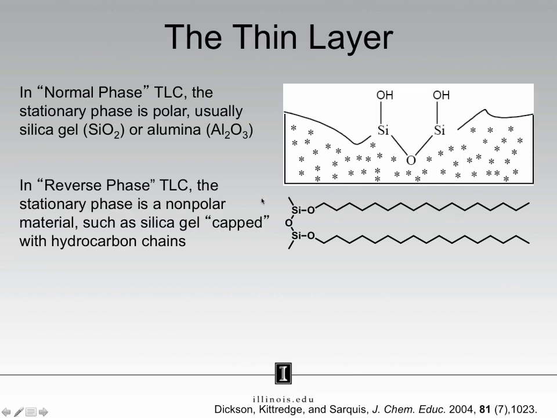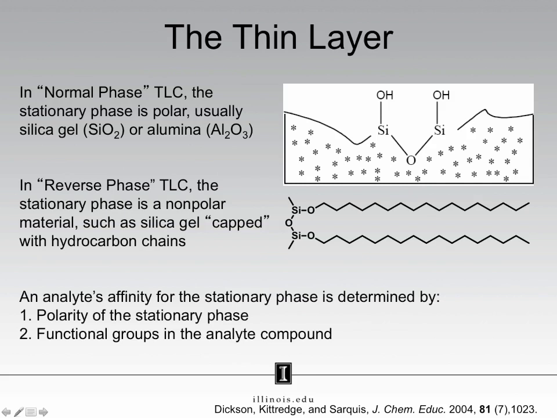You know that C-C and C-H bonds are nonpolar. By capping OH bonds with these long alkyl chains, we create a very nonpolar surface coating. So, we have two types of stationary phases that we can use in a TLC experiment: a polar normal phase and a nonpolar reverse phase.